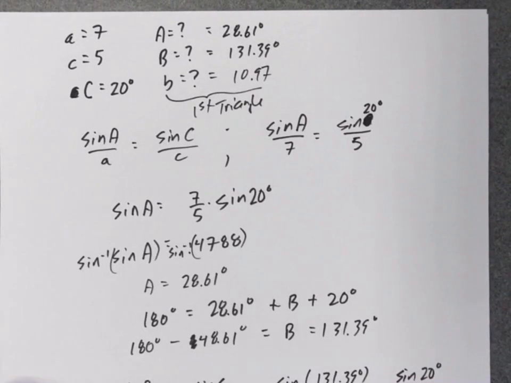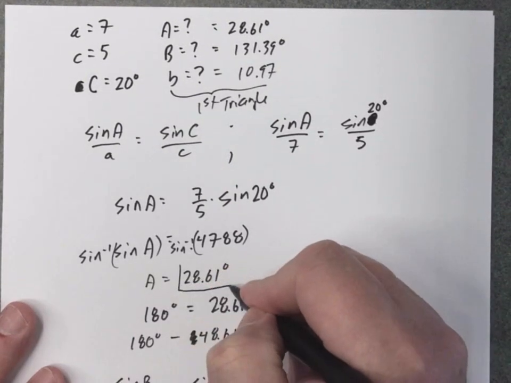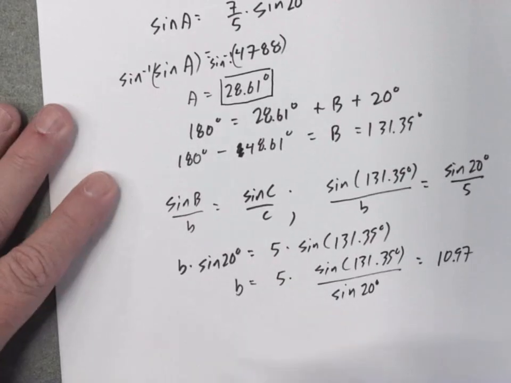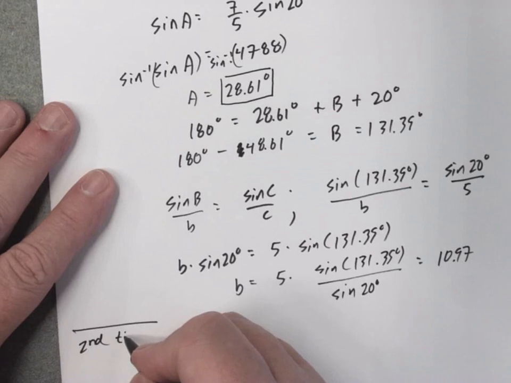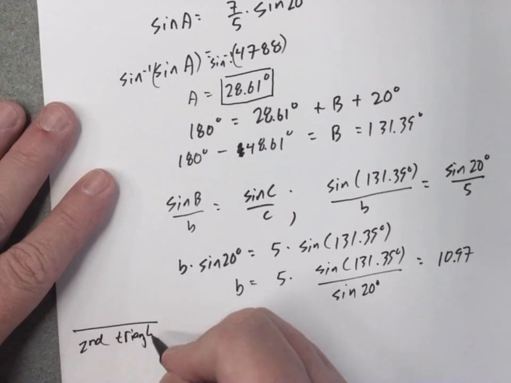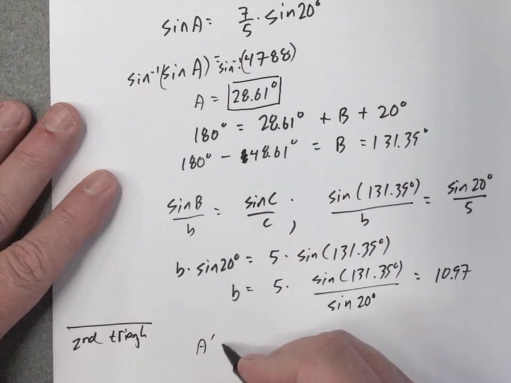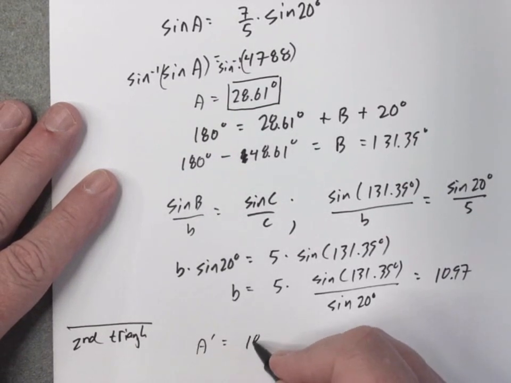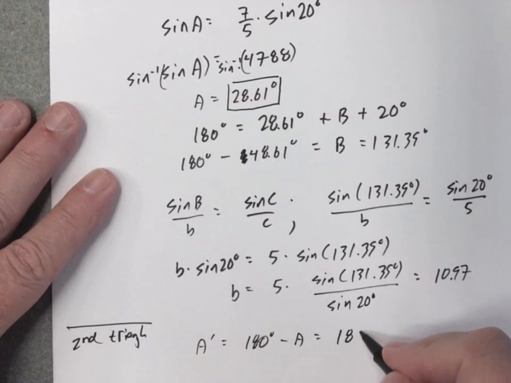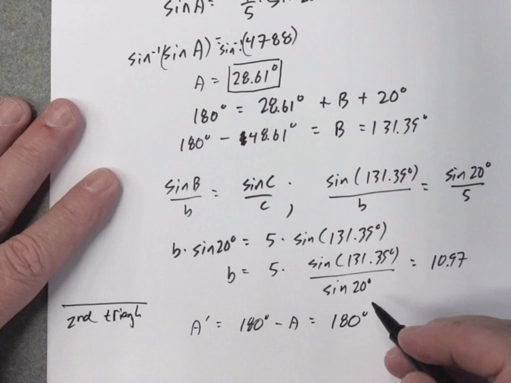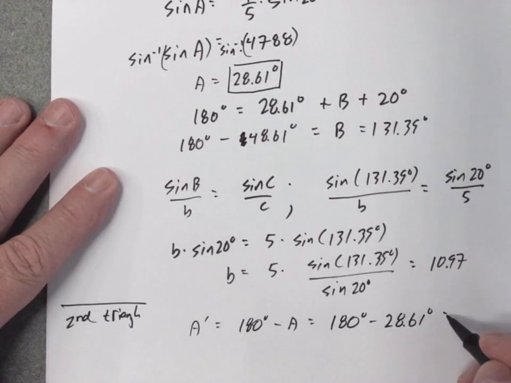For the first triangle, the very first thing we did was determine this was angle A. If there is a second triangle, then the new angle A is going to be 180 minus the original angle A. So 180 degrees minus 28.61 degrees.